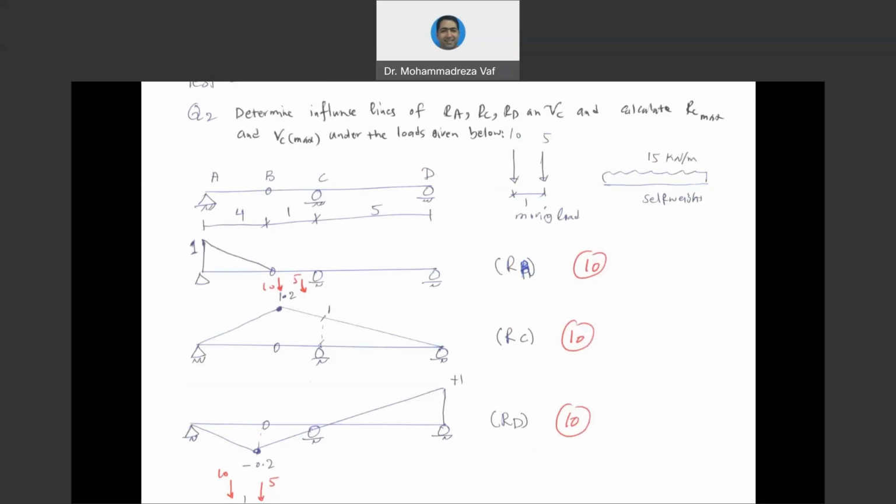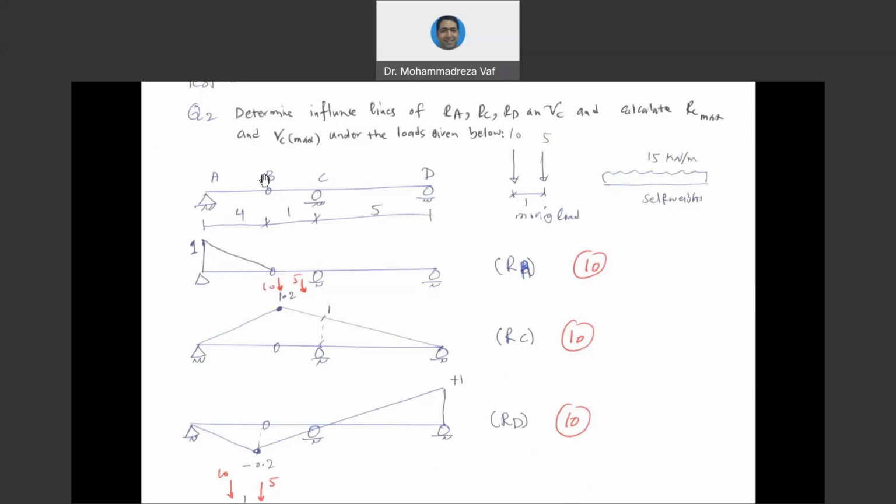The question first asking us to draw the influence line for support reactions, RA, RC, and RD. And then there is also a second part for this question, which is calculation of maximum support reaction at point C and maximum shear force at point C.